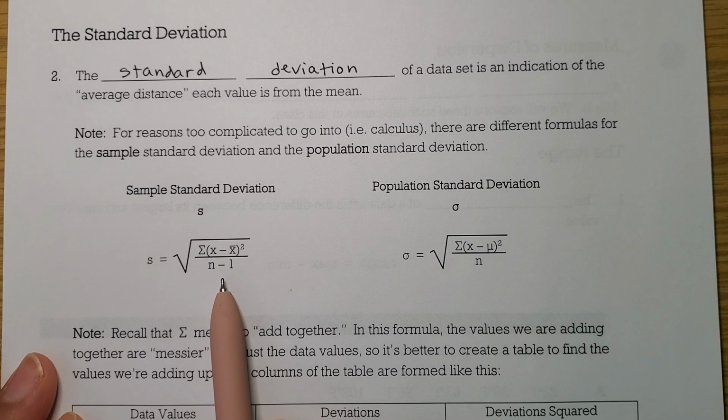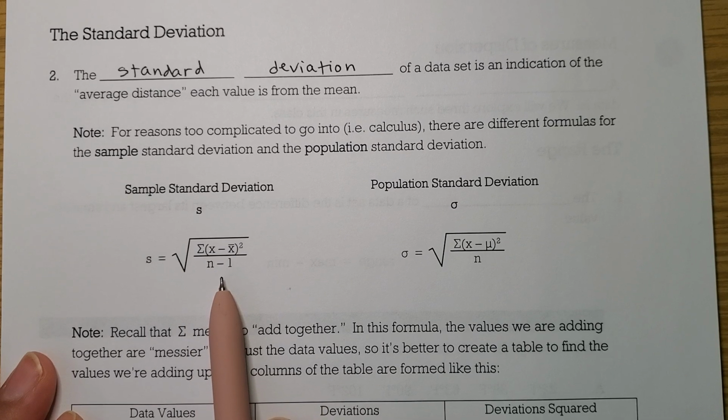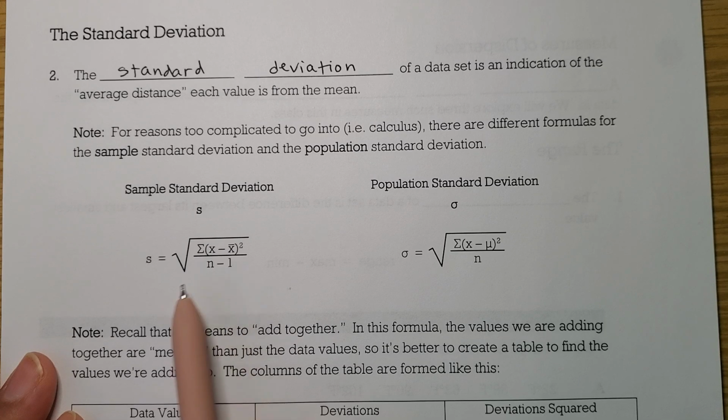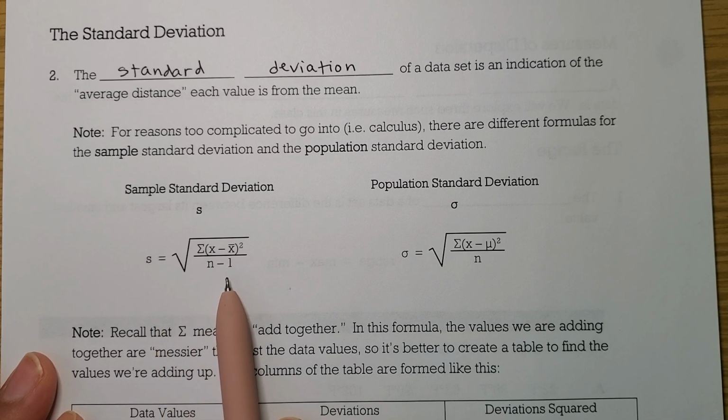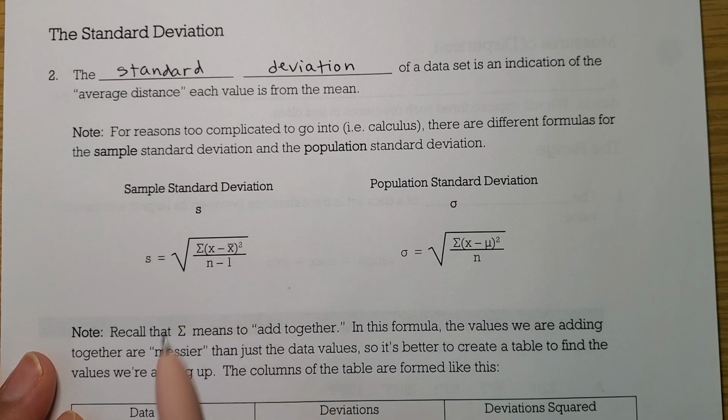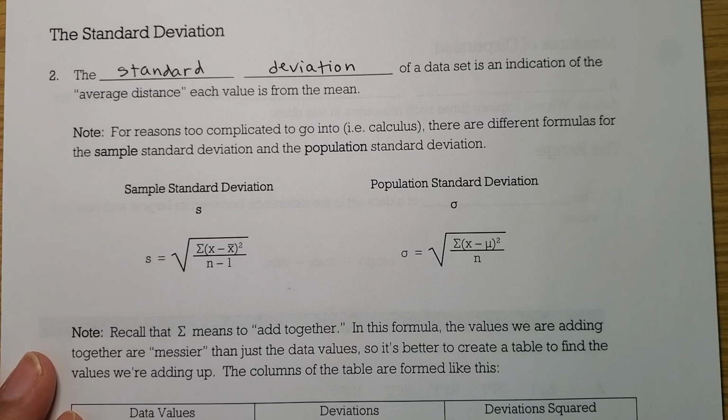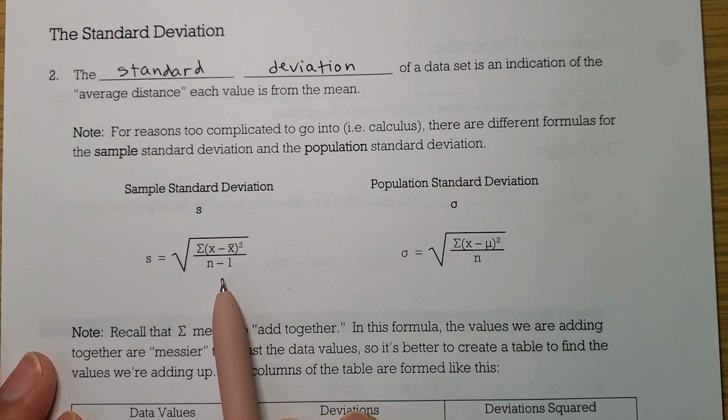And then instead of dividing by however many there are, we divide by 1 less than however many there are. And then we square root. This 1 less than is because when you're looking at a sample, samples tend to have a little bit more variation in them than a population. So this -1 accounts for that.